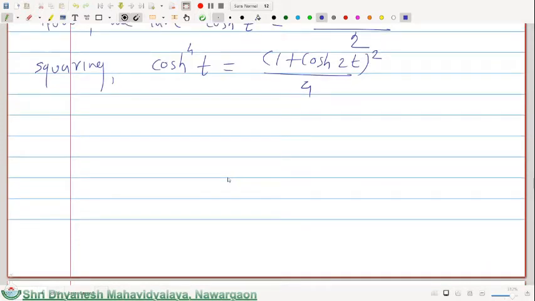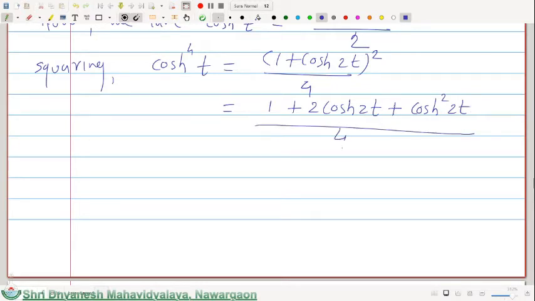You know the formula for (a plus b) whole square. Open it: this is (1 plus 2 cosh 2t plus cosh² 2t) upon 4.